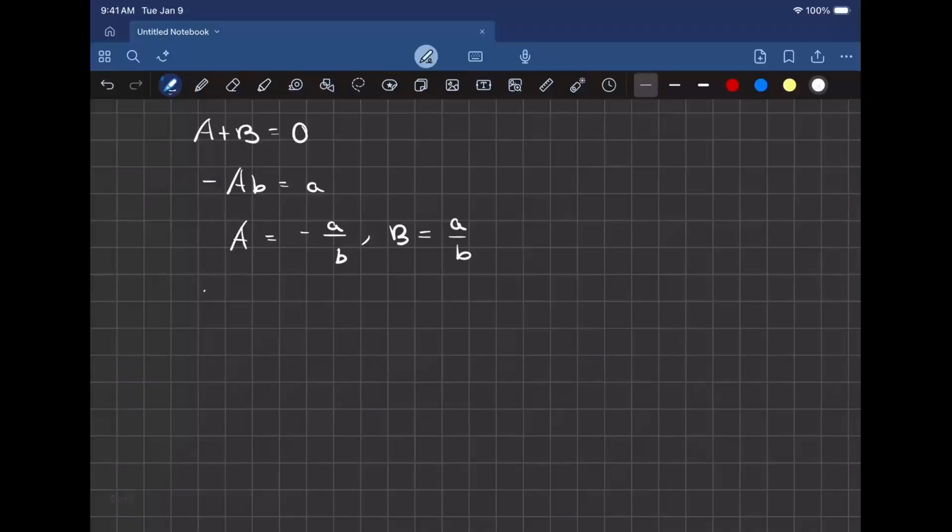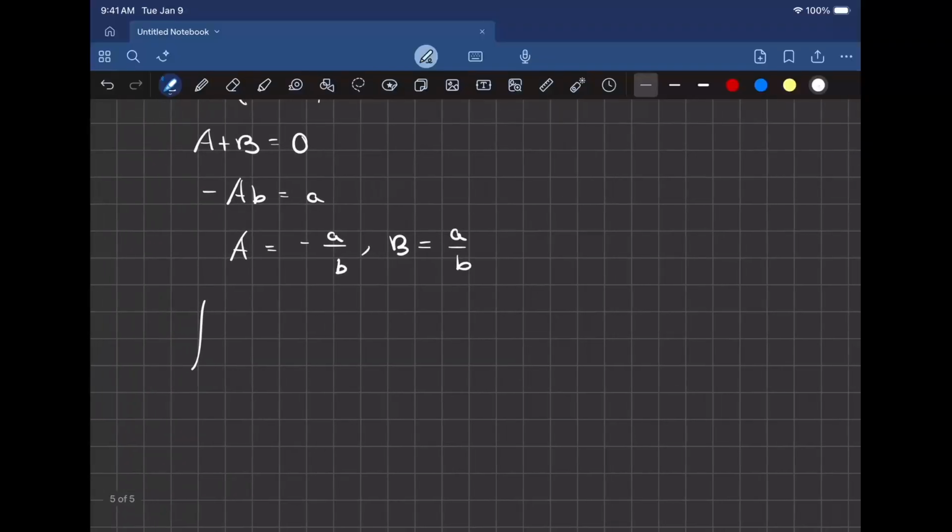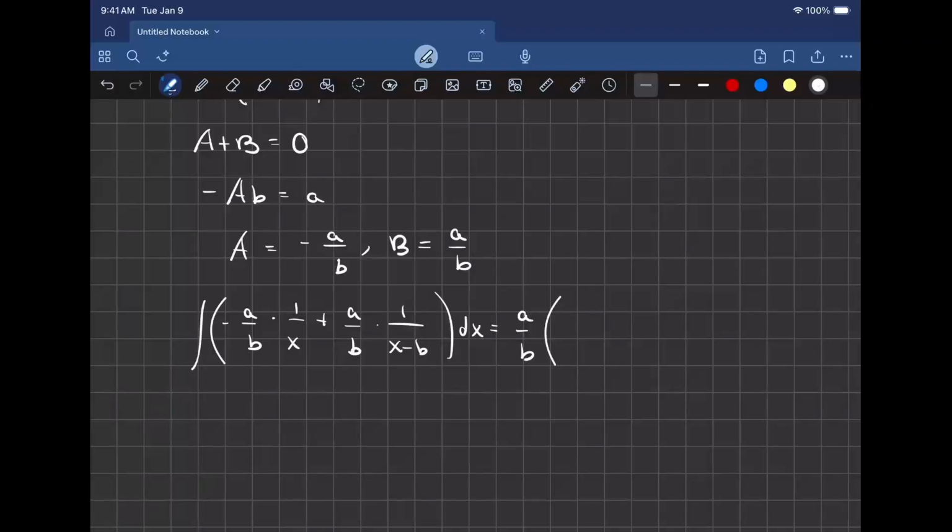So now let's set up our integral again. So we'll have the integral of negative a over b times 1 over x plus little a over b times 1 over x minus b dx. So we can integrate all these terms. So I see 2 logarithms. So I'm going to pull out an a over b constant term. And we'll have natural log absolute value of x minus b.